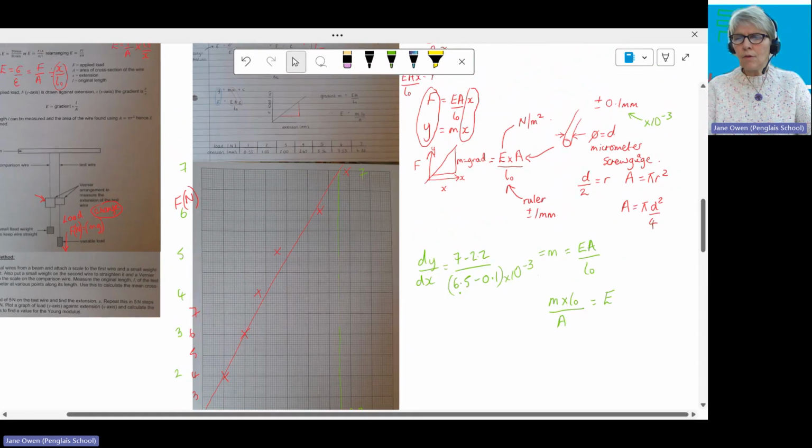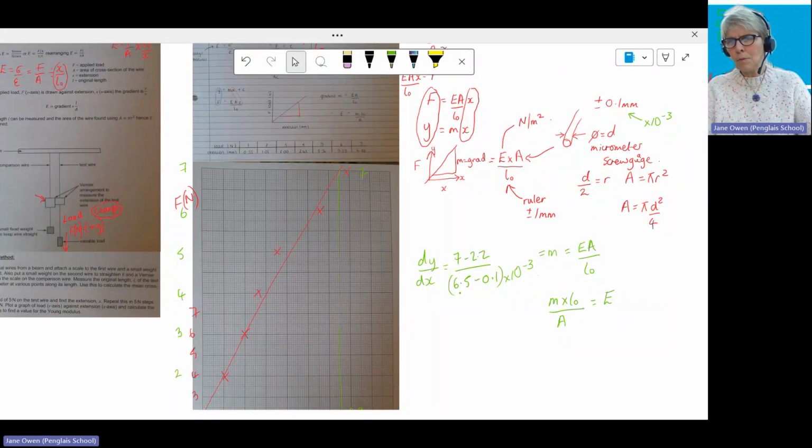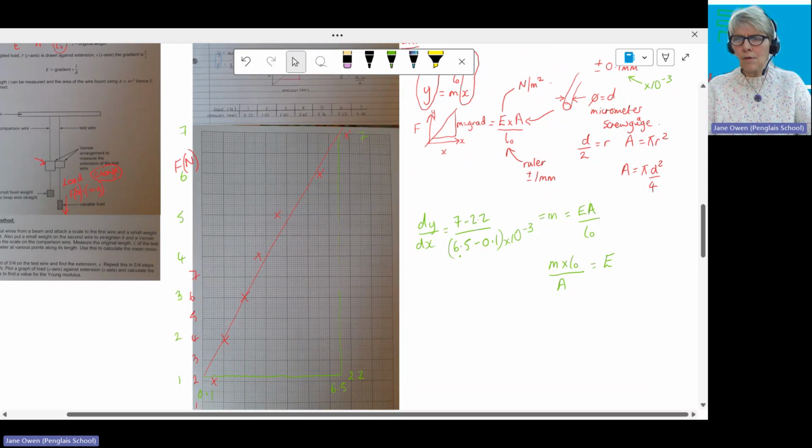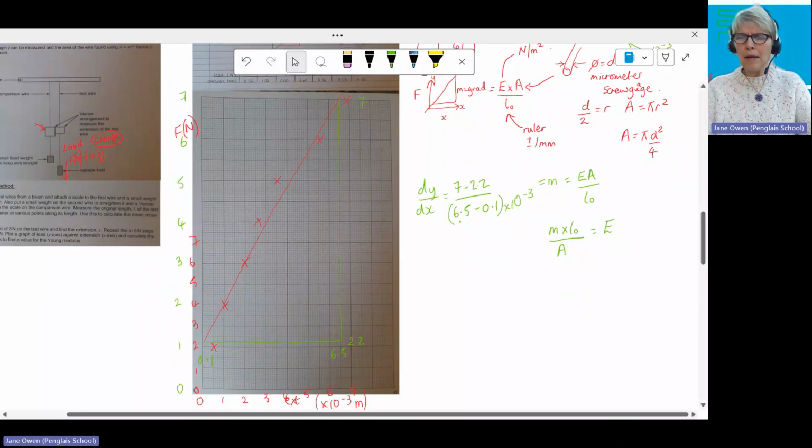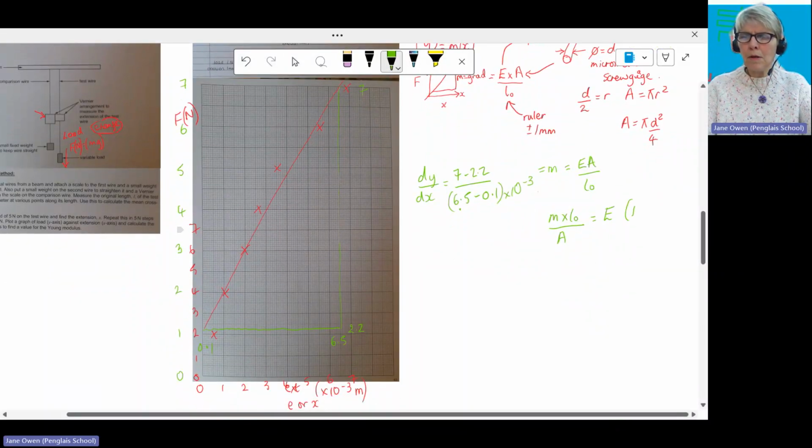So this cross-sectional area should be very small, because it's a very small diameter, 10 to the minus 3 squared, it's going to be 10 to the minus 6. At least, because you're going to square the 10 to the minus 3 to get 10 to the minus 6. So it will come out big, and that Young's modulus will be newtons per meter squared. All right, stick to SI units, convert as you go along, and watch this.